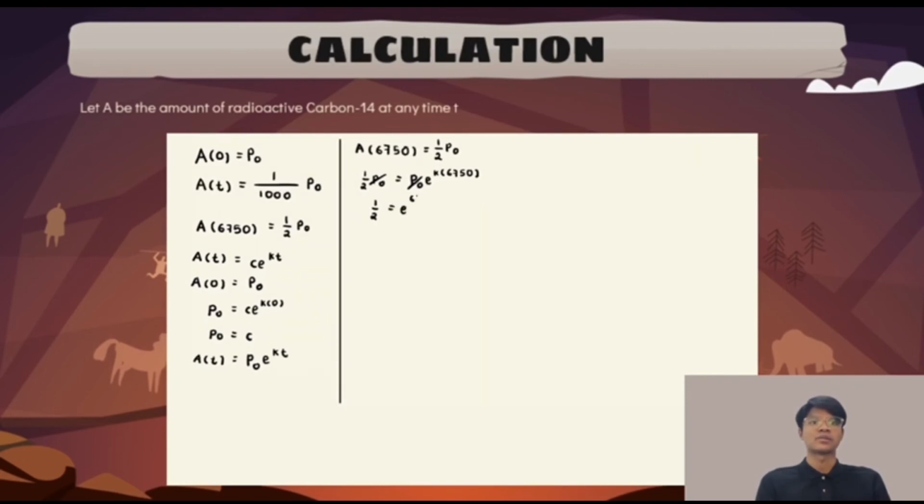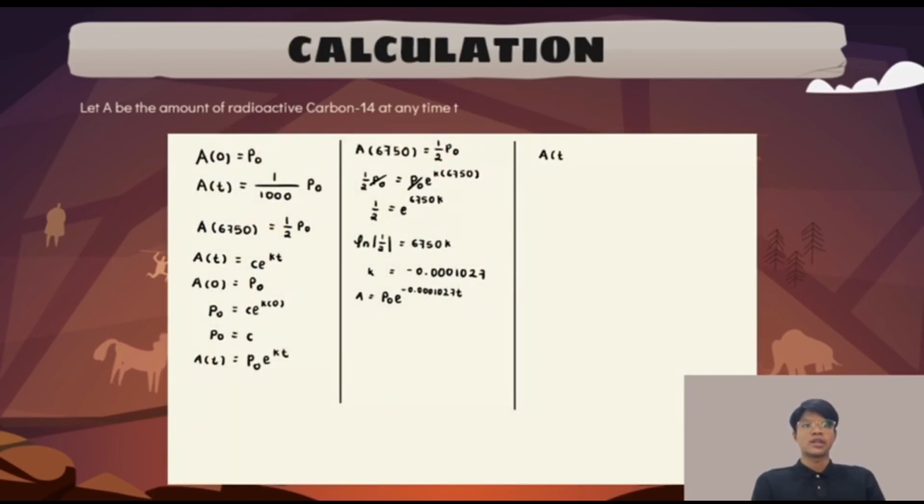Hence, it becomes 1/2 equals e to the power of 6750 times k. After that, the exponential from the right-hand side moves to the left-hand side and becomes ln 1/2 equals 6750k. We will get k equals negative 0.0001027. Rewrite the equation as A(t) equals P0 e to the power of negative 0.0001027 times t.